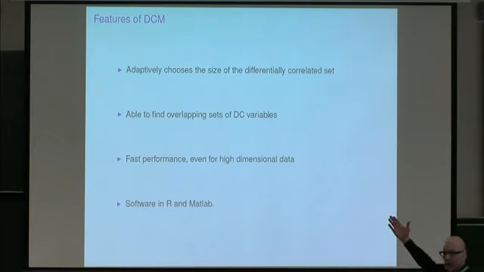We can find overlap because of the residualization procedure. I guess I can say it's fast, but I'll show you some timing results, and maybe you'll disagree with me. We don't need to aggressively filter the variables. We can deal with 100,000 variables and 1,000 samples, no problem. Okay, and we have software, but that's not a big deal.